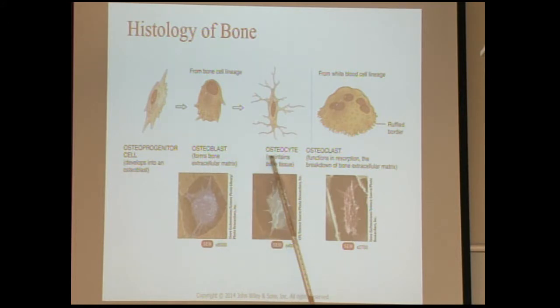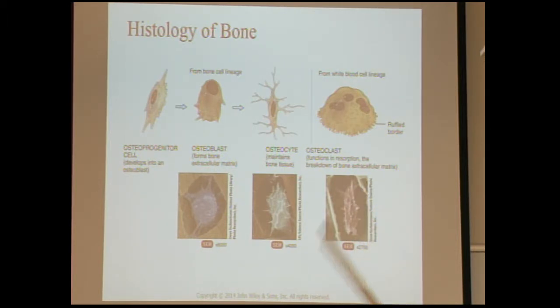Once the bone's made, they turn into osteocytes. So that's their final cell type they turn into. These cells secrete a small amount of ECM and keep the bones healthy and alive, basically. And then a separate kind of cell is that osteoclast, and that's the cell that breaks down the bone, which we'll get into later.